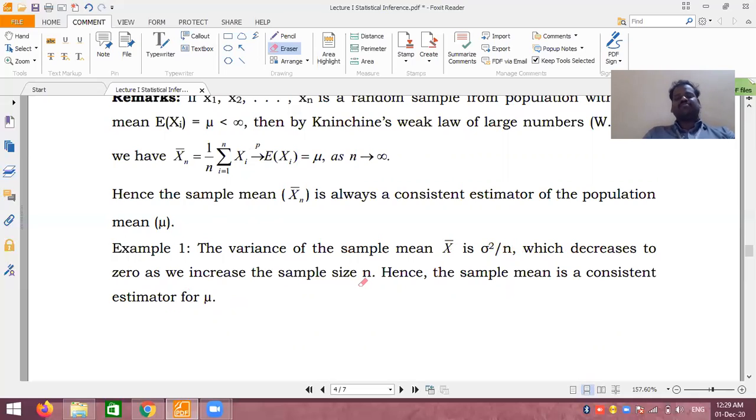Hence, the sample mean is a consistent estimator of mu. This is an example of a consistent estimator. Thank you.